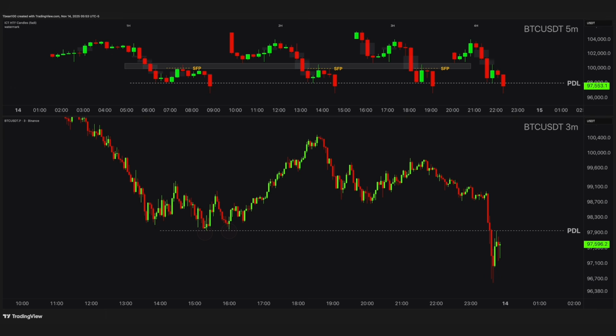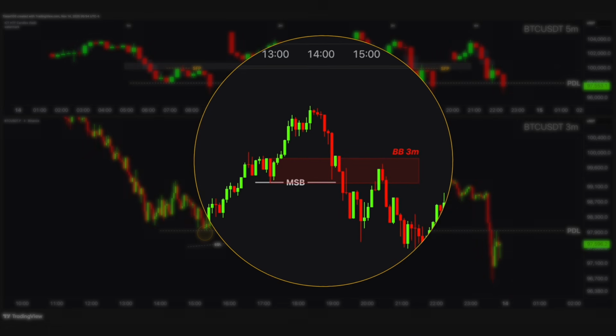And when you drop down to the lower time frames, besides the previous day's low, there is also this tiny equal low area that can act as another target and gives us some extra directional bias. So right at our multi-imbalance and swing failure pattern area, you can see a clean structure shift downwards on the lower time frames. And you can also spot this very nice 3-minute breaker block area.